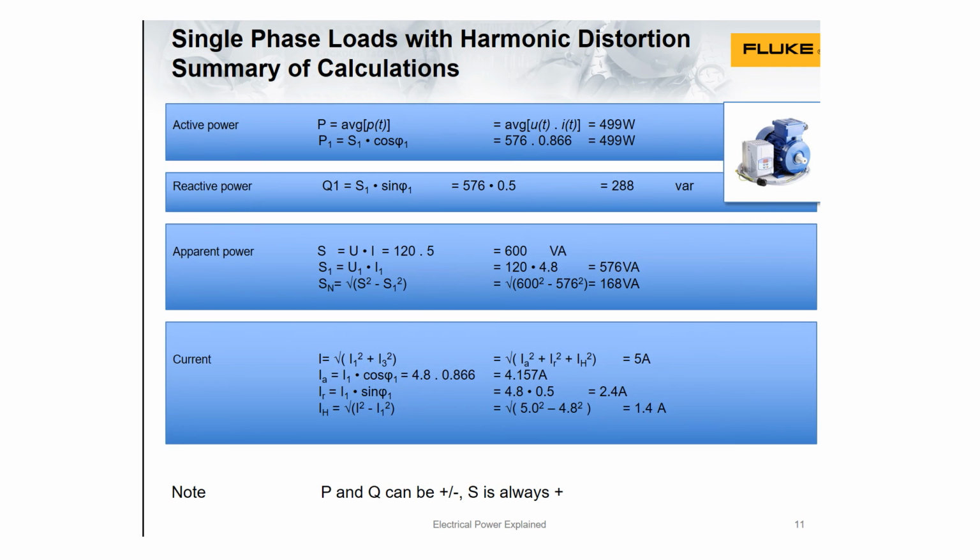Harmonic distortion, a summary of calculations. This page summarizes the calculations of the E-device so far. You can check through the figures afterwards. We'll here just concentrate on the relationships: active, reactive, and apparent powers. The active power P is here the same as the fundamental active power, P1 equals S1 times cosine phi 1.